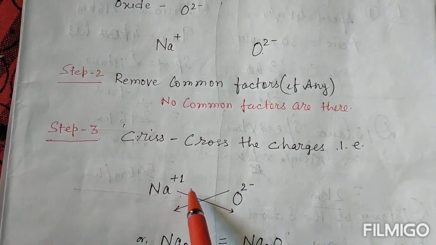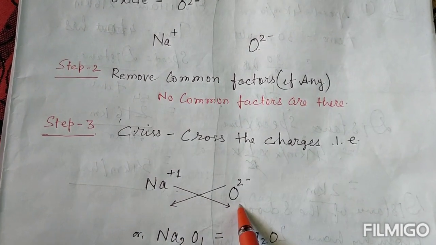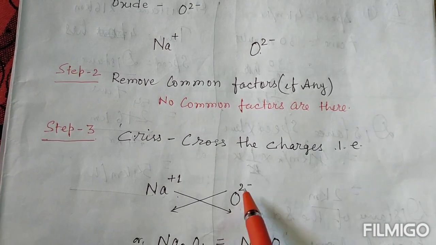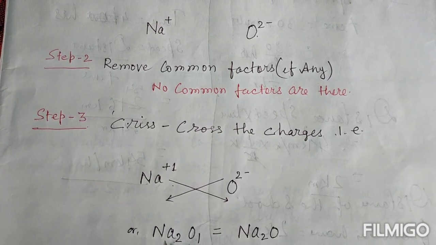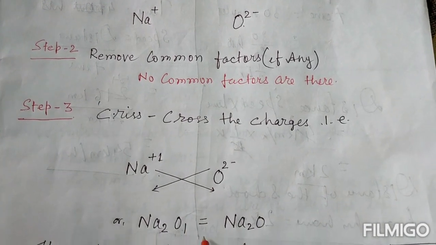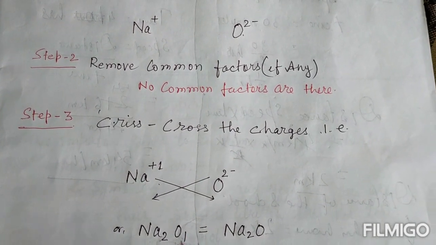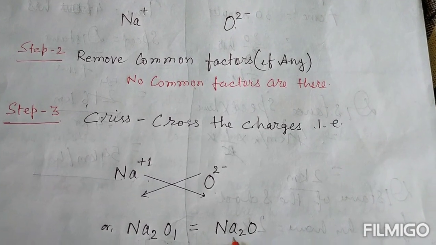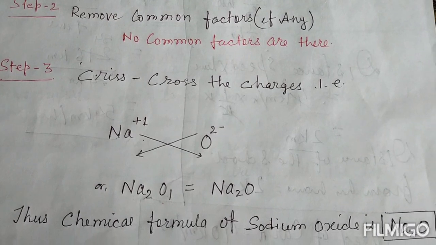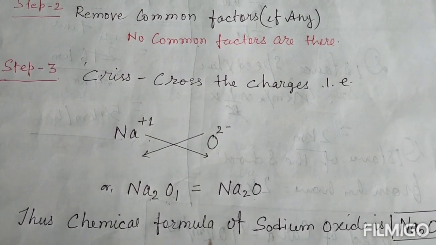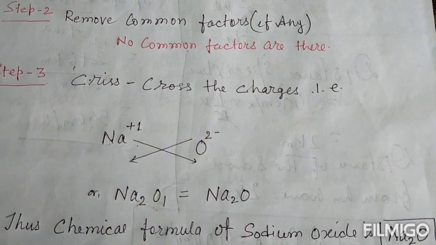So this becomes Na2O1, or we will not write 1, so we will write Na2O. This is the chemical formula of sodium oxide.